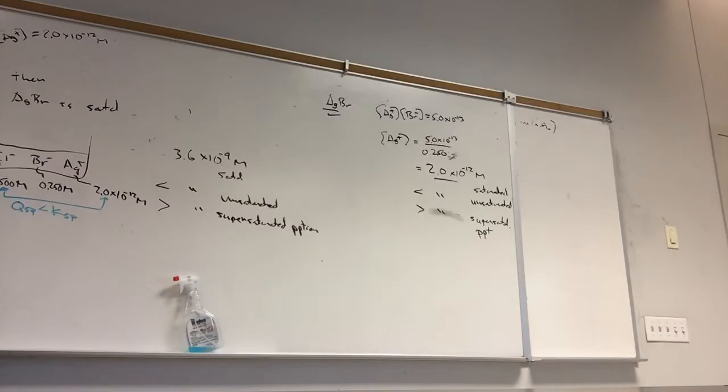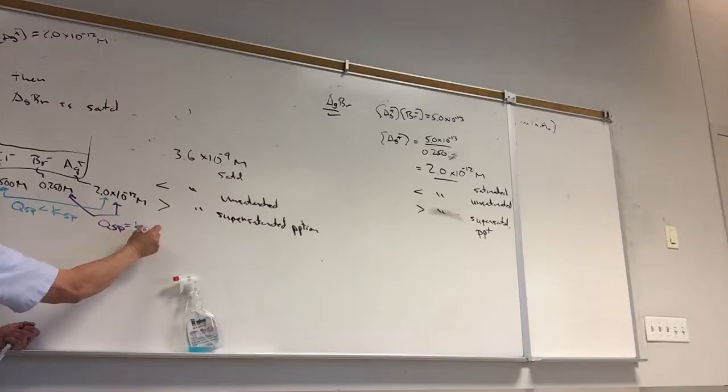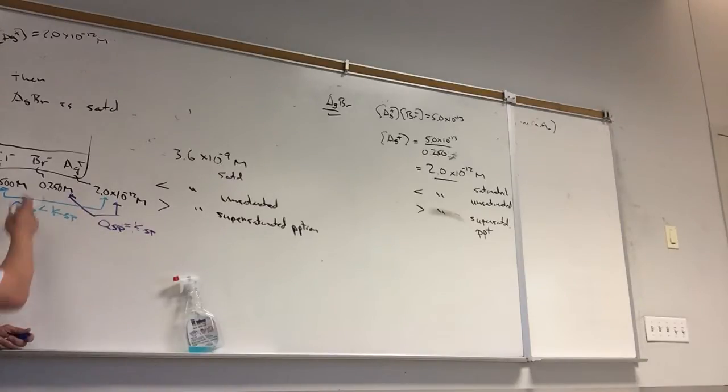But for the combination of silver and bromide, it's a different story, because silver and bromide form a saturated solution. That is, QSP is equal to KSP. And so this solution is saturated in silver bromide, but unsaturated in silver chloride.